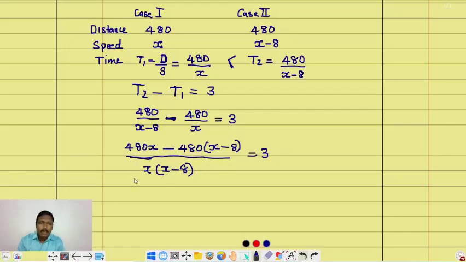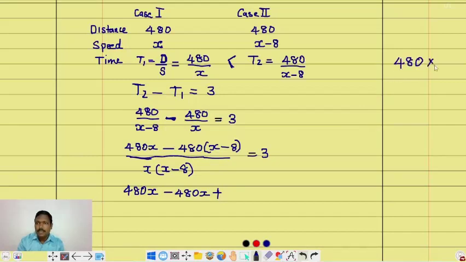Now open the brackets. So we will get 480x minus, open this bracket, minus into minus will be plus 480 into 8.